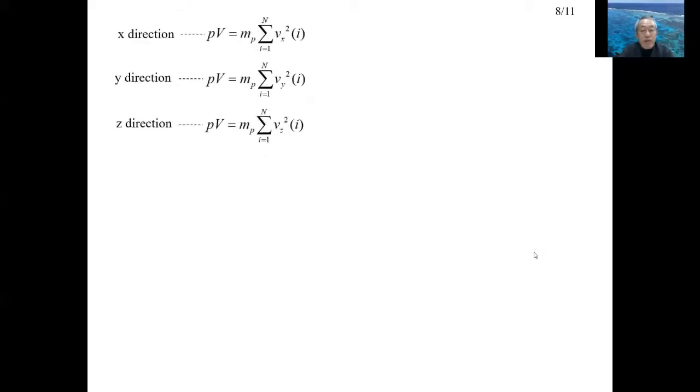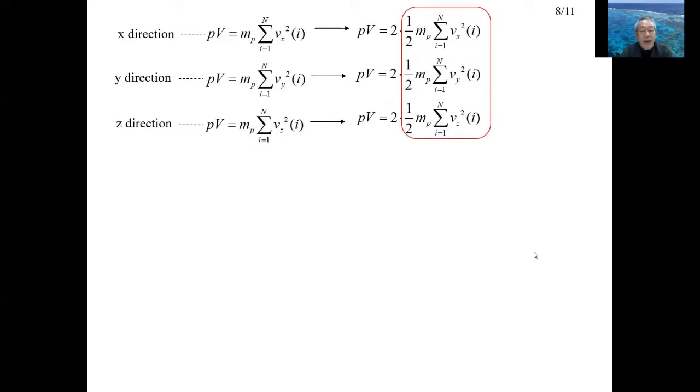The result of the previous slide is for one direction. Suppose that its direction is x. The result in the x direction can be applied to the y and z directions. The kinetic energy of the particle of mass mp and velocity v is half of mp times v squared.